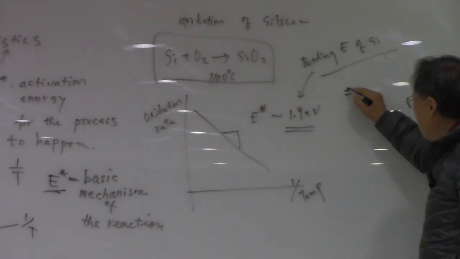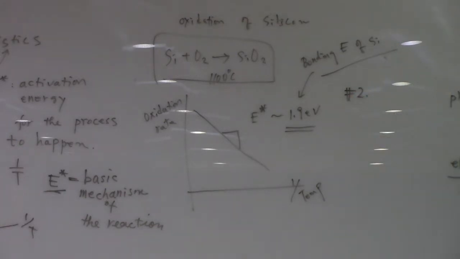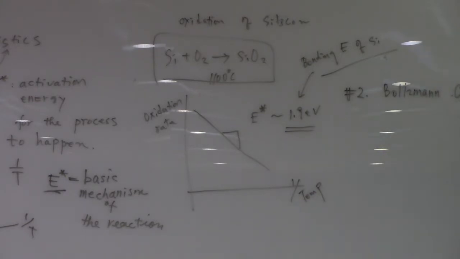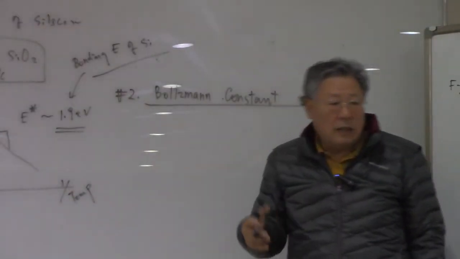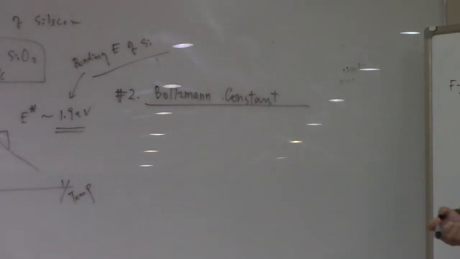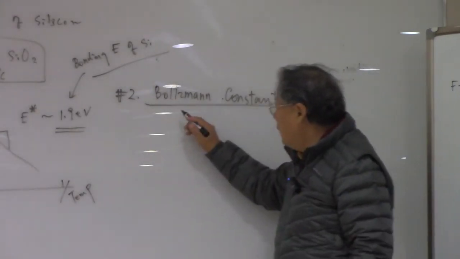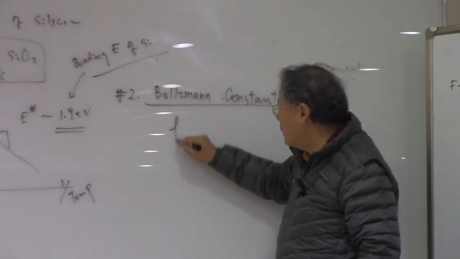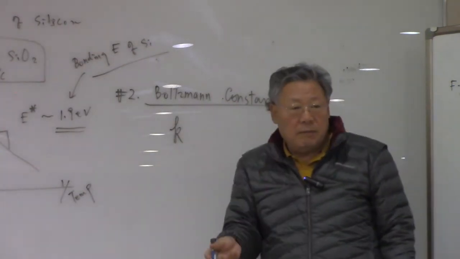And number two, we can notice from this the Boltzmann constant. What is the Boltzmann constant? This is the amazing thing. Boltzmann is actually the name of a physicist, and he's so famous that we put this Boltzmann constant k named after him.